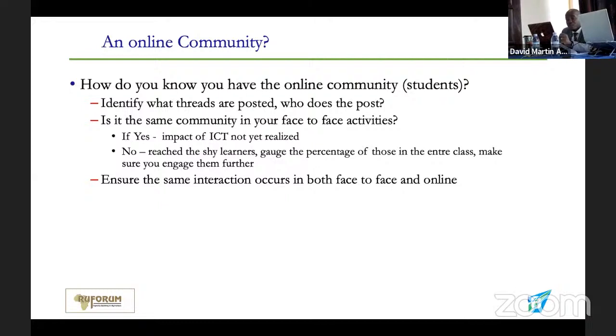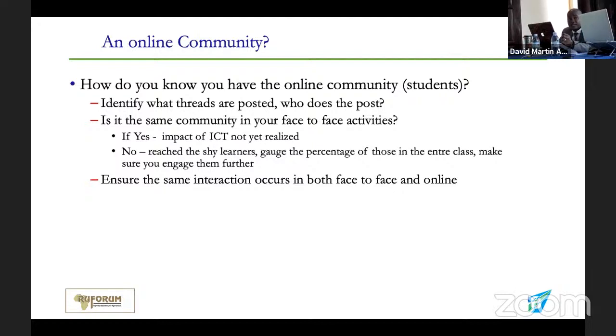You may introduce your students to this virtual online learning, but the question is, are they really learning online? You need to be able to understand whether you have the students there. If you have 100 students in the classroom and you avail a discussion topic and regularly you see only 3 or 4 students actually discussing and the rest are quiet, probably you only have those 3.